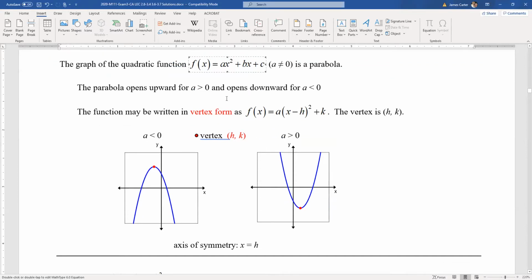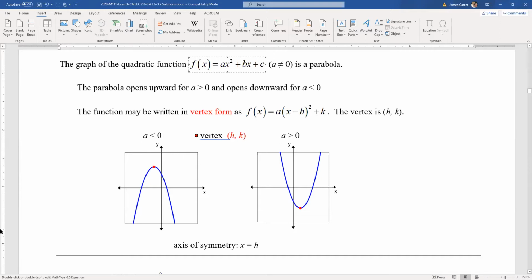Now, if this a term here or here is positive, greater than 0, then the graph will open up. If that a is negative, then the graph will open downwards. Now, in vertex form, the h, opposite of sign, will be 2 things.